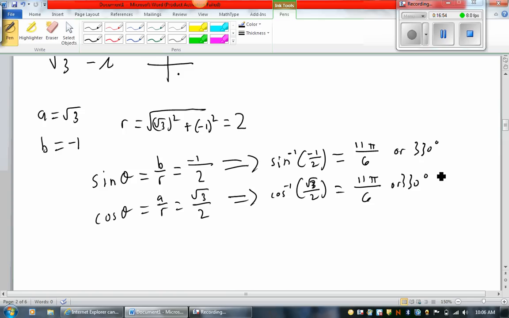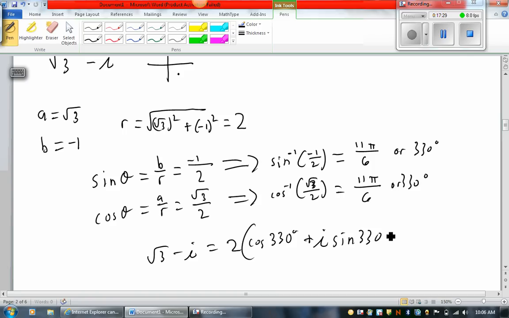So this means our final answer for our polar coordinate is that radical 3 minus i equals, in polar, our r, which is 2, times the cosine of 330 degrees, plus i times the sine of 330 degrees.